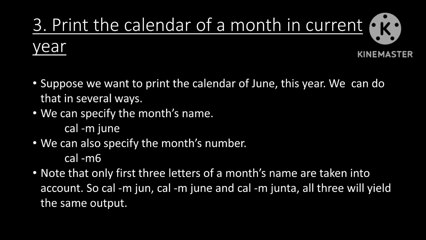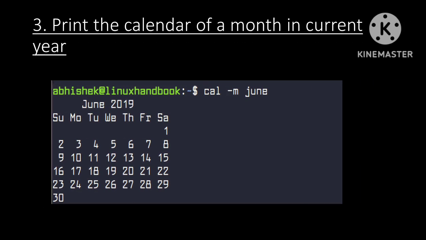So if you want to write in characters, then you have to provide the first 3 characters of the month. Like if you want to print the June month, then cal -m, then you have to write JUN. After JUN, whatever you write will be skipped. So if you write JUNE, it will print the June month.